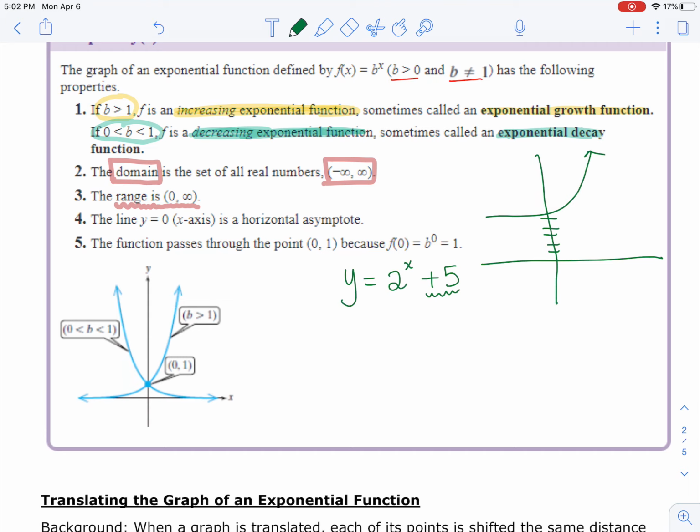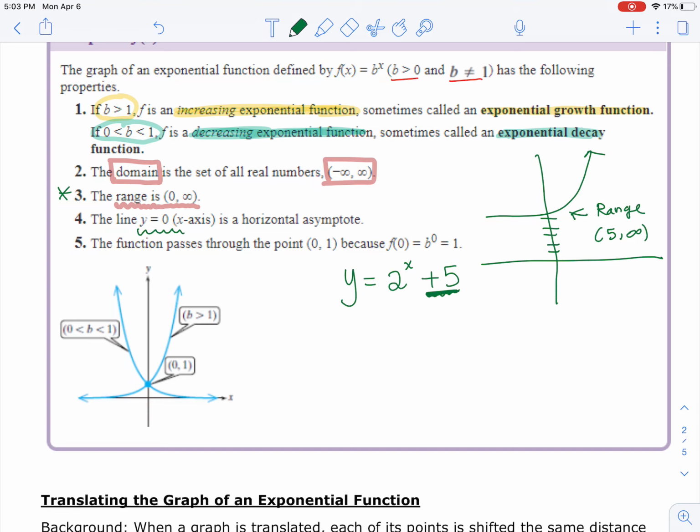So we're going to have a regular graph, but that graph will be translated 1, 2, 3, 4, 5 units up. So your graph will look something like that. So the range will actually be from 5 to infinity, not 0 to infinity. So number 3, the range really applies to functions that are not translated vertically, yet.